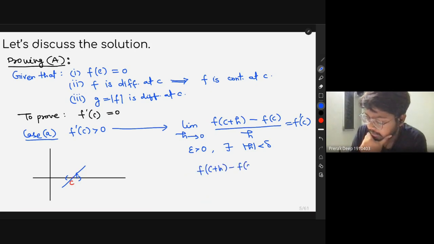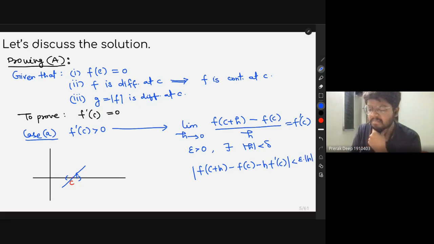So that means the absolute value of f of C plus h minus f of C minus h times f prime of C is smaller than epsilon times h. This is true for any epsilon, so the difference is getting closer and closer to 0.